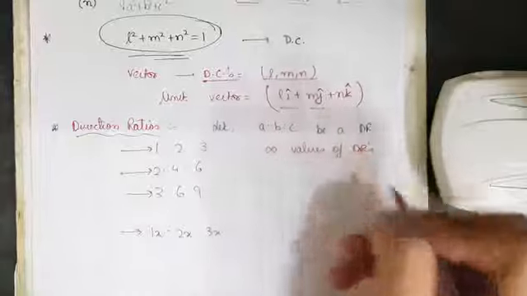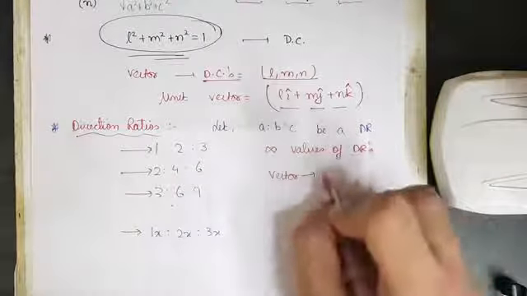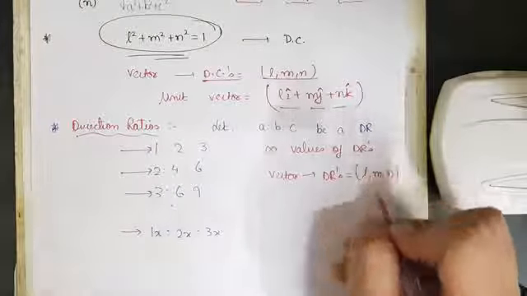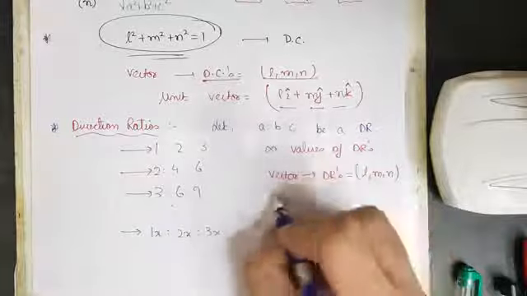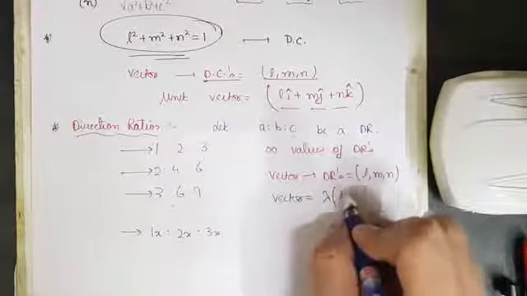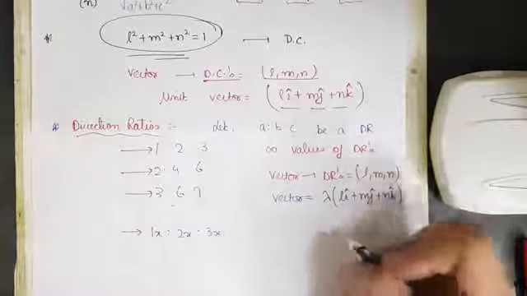Thus, for any vector for which we have been given DRs as L, M and N, the vector can be given as lambda into L i cap plus M j cap plus N k cap. Why lambda?